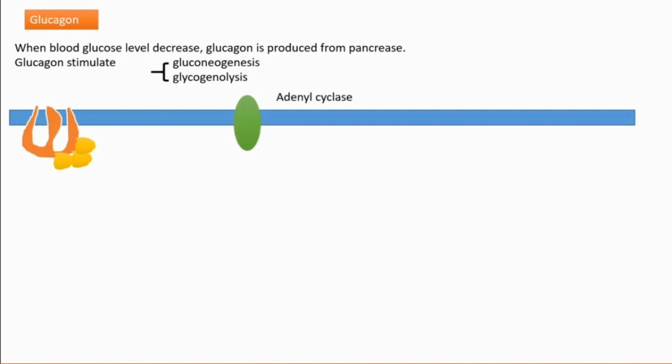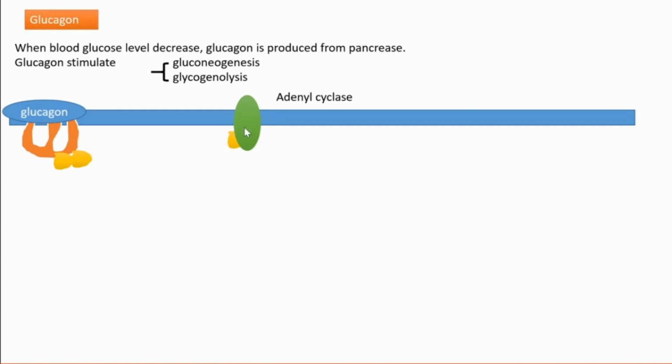What's happening here is that whenever the blood glucose level is low, glucagon is secreted by the pancreas, and that glucagon goes and binds with the G protein coupled receptor. As a result, it undergoes a conformational change and the G protein associated with that receptor gets activated, and its alpha subunit detaches from it and goes and binds with adenyl cyclase.